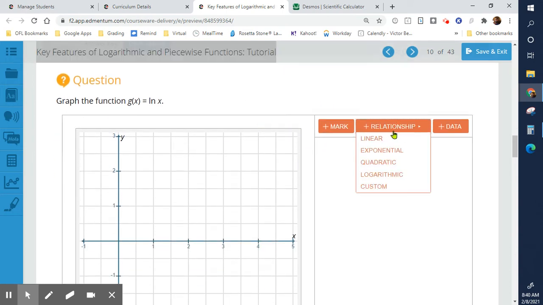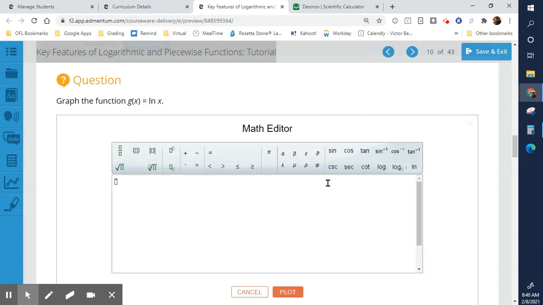So if we look at this relationship, I'm going to type in custom ln of x.